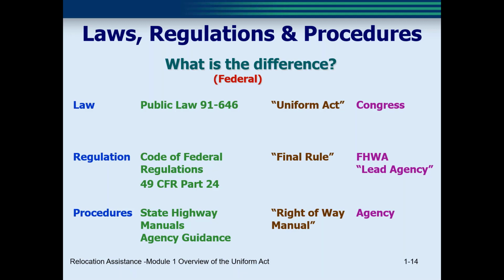If you take a look at this slide, it shows the relationship between the law, the regulations, and the procedures for implementing the Uniform Act. The first item is the law itself. In the next level down, you will see the federal regulations.